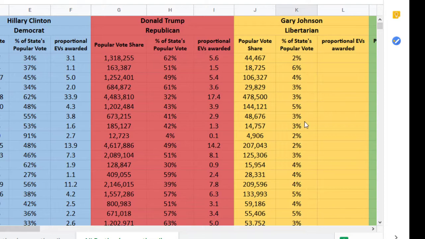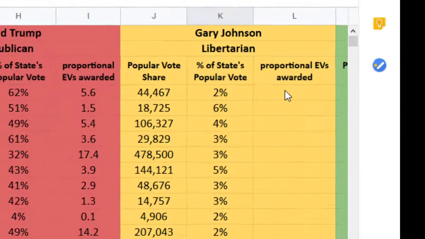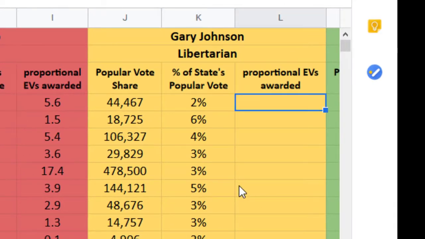All right, now we have to figure out how many electoral votes to give Gary Johnson from each state. So we're going to click over here in the column next to that 2%, and we're going to type equals. We're going to click on the 2%, and we want to take 2% of, so of, in a percent sense, means times.